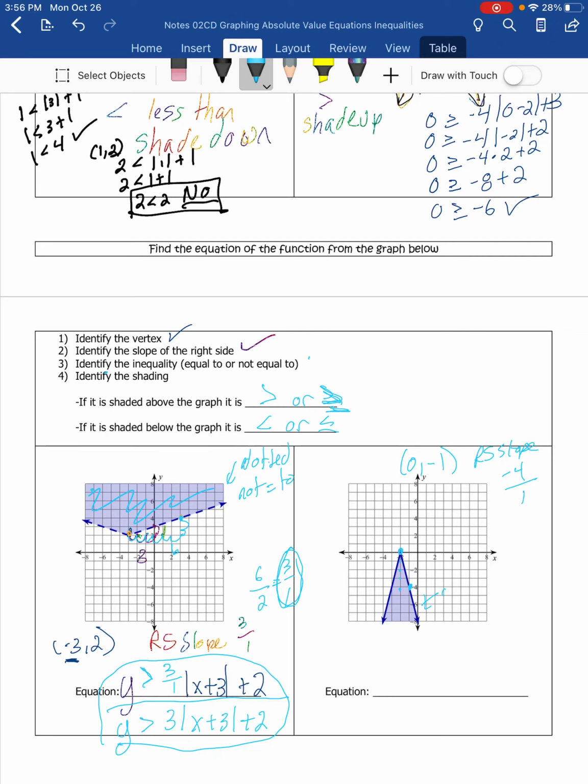Okay. The next thing I look at is my line. It's solid, so it's or equal to. And with the shading, it's actually below, so it's going to be less than. And I just write that out. So I know it's going to be in the parentheses. It's just going to be plain old x. Some of you might have x minus 0. That's okay.